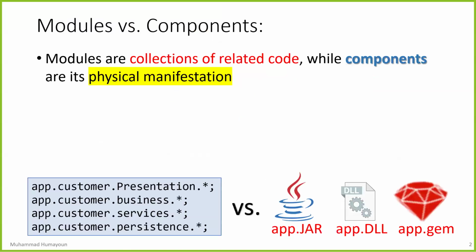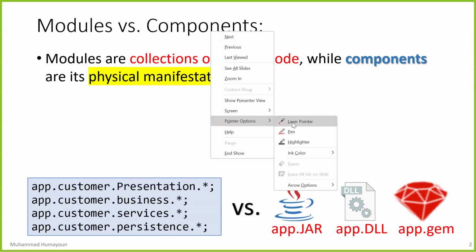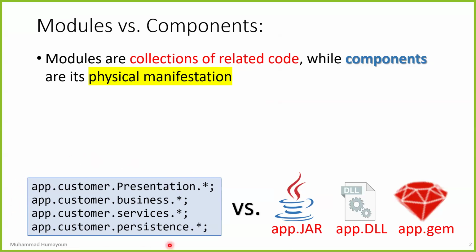So let's first try to see what is the difference between modules and components. Well, modules are collections of related code, whereas components are its physical manifestation. For instance, on the left hand side, you can see a module.